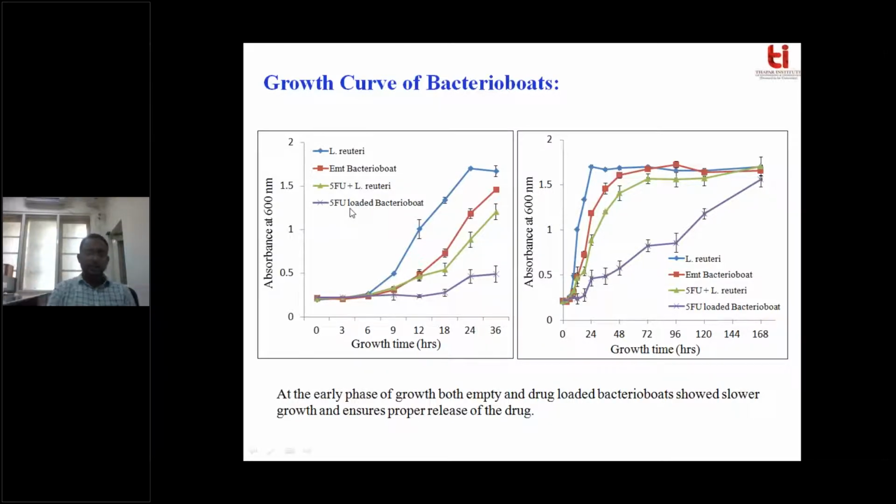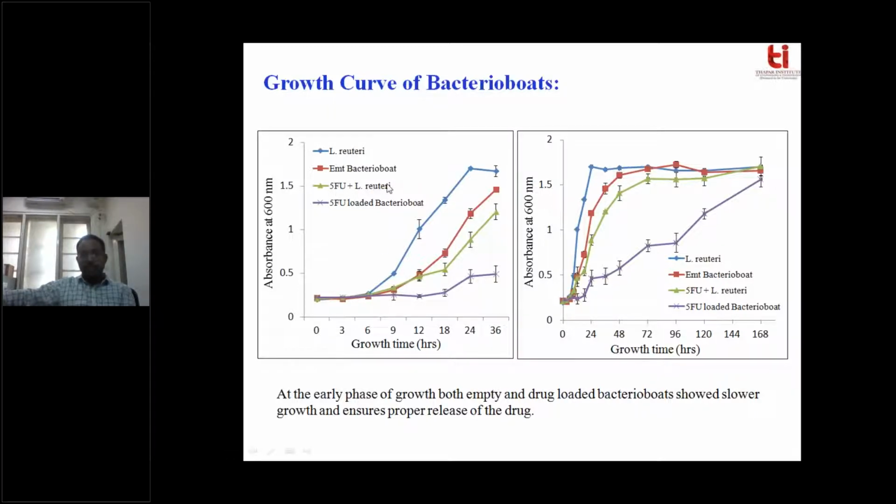And then we tried with a very toxic drug, which is 5-fluorouracil, which is basically used as capecitabine, its orally applicable derivative. We use this drug to load on the particles, and we saw a further decrease of growth because this drug is quite toxic.